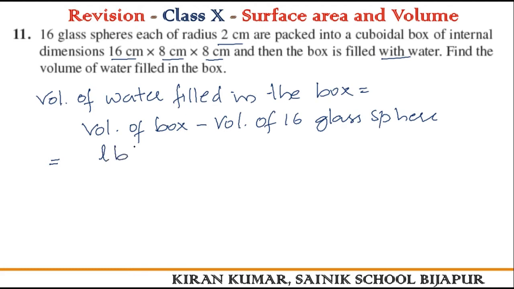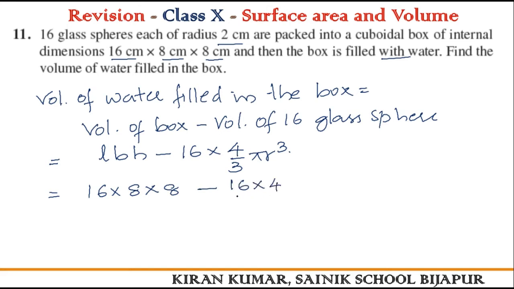Volume of the box is given by LBH and 16 times 4 by 3 pi r cube. Now length is 16, breadth is 8, height is 8 minus 16 times 4 divided by 3 multiplied to pi value 22 by 7, and the radius cube is 2 multiplied 3 number of times.